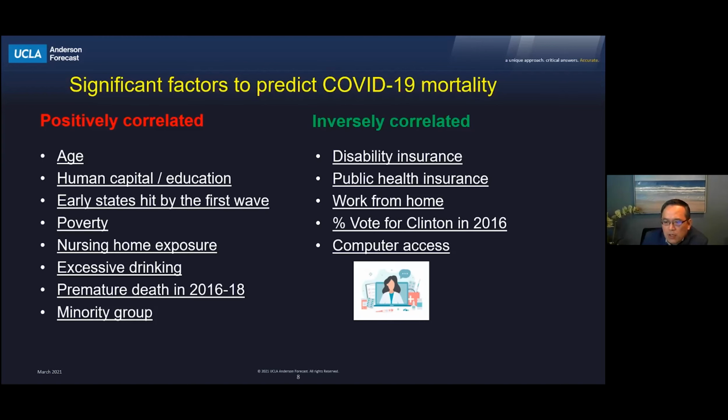I think because with computer and internet capacities, residents are more likely to do telehealth. Laila will talk about that later on. They are also more likely to order grocery and prescription online, and more likely to work from home, as we just mentioned before. So all this could lead to lower mortality rate.